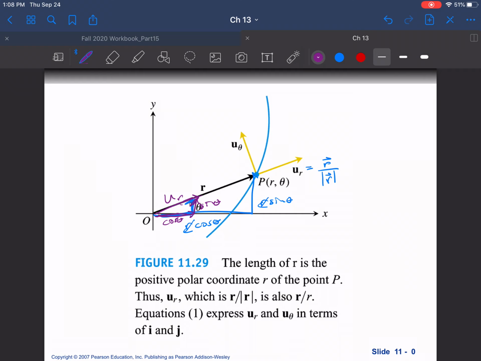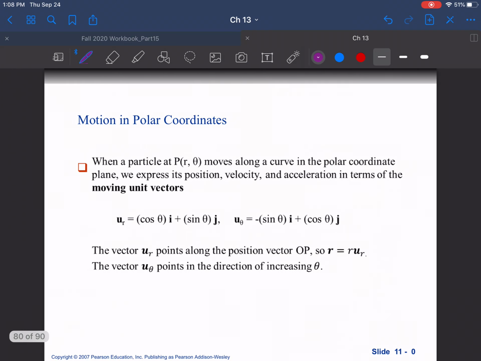If you were to then flip this around such that you went negative sine theta in this direction, and then went cosine theta up in this direction, then you would get this vector right here, which is pointing in the direction theta is increasing, and is unit vector u theta. These were unit vectors, okay? So that's what we're talking about when we do those here, and that's how they're defined here.